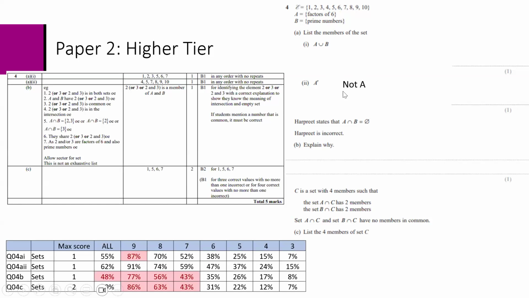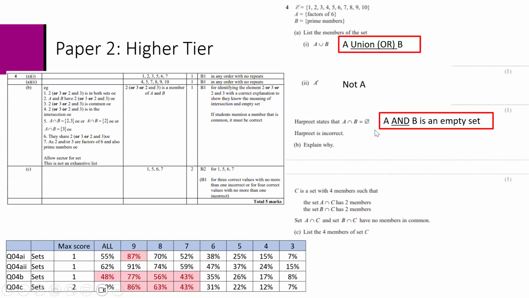So get them to write on there what this means, for instance, not A union or B as an explanation might just help frame it in their minds better. Or on this one, A and B is an empty set. Just so it's translated into words before they actually attempt the question.